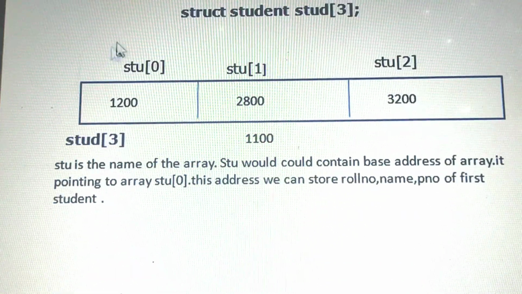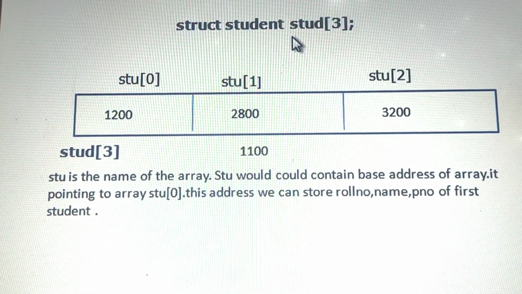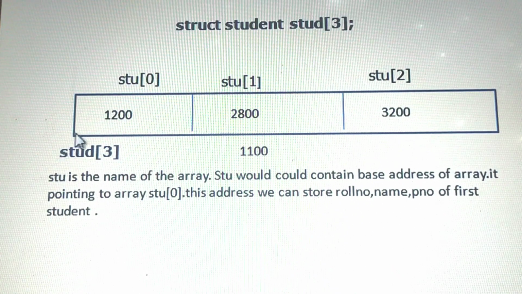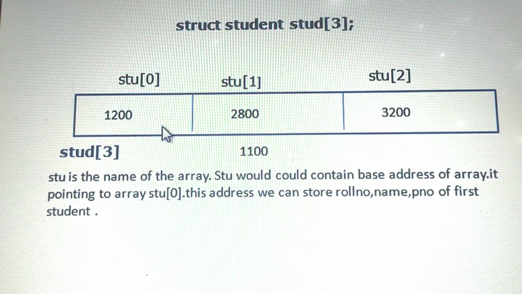After the declaration of the array of structure, how would the memory be allocated? Memory would be allocated like this. This is the array of structure named stud. 3 elements are there, partitioned into 3. The base address of the array of structure is 1100.